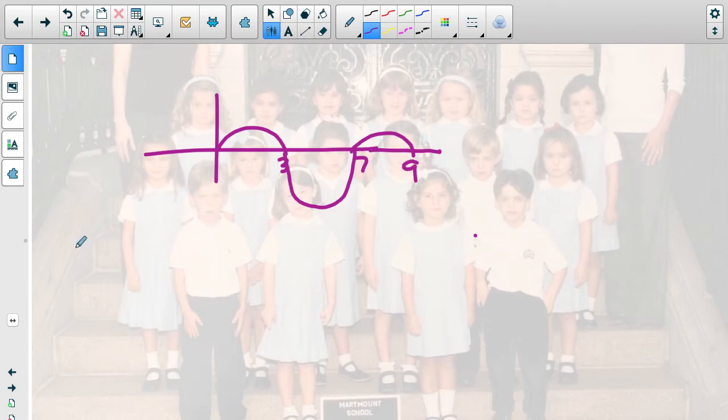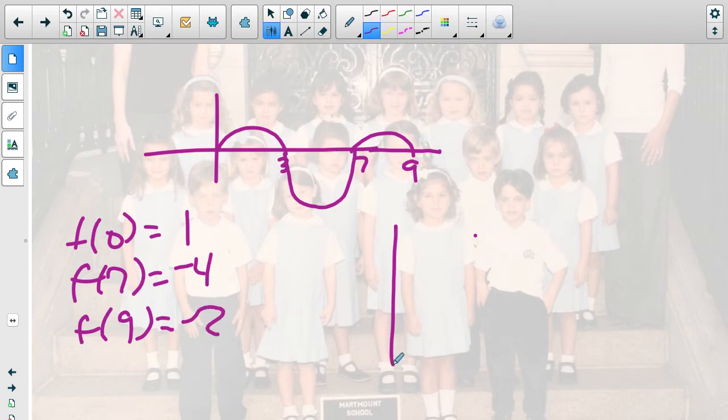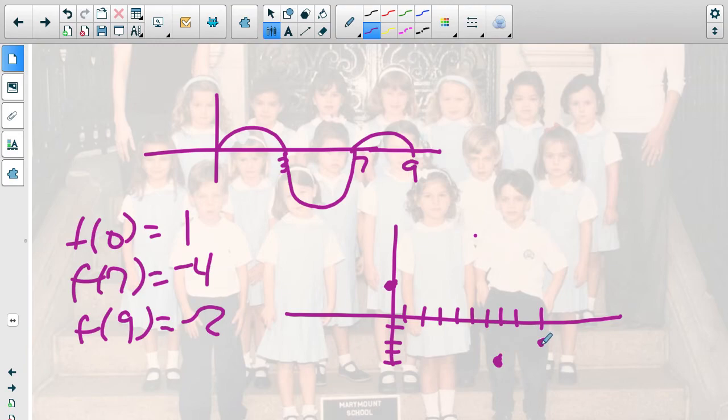I know f of 0 we found to be 1, f of 7 was negative 4, and f of 9 was negative 2. So on the original, on f, I have 0, 1, 7, negative 4, and 9, negative 2. Right, so I know that.